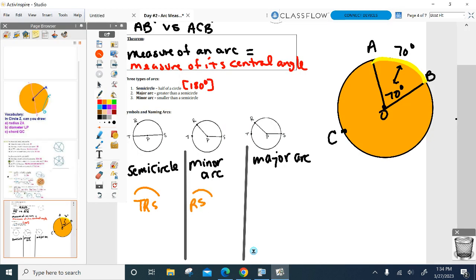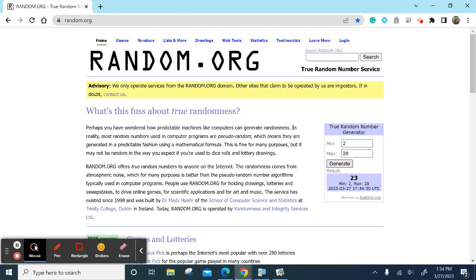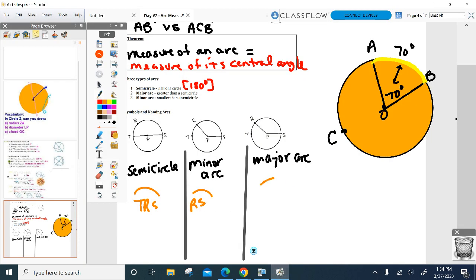RS. If you had SR, same thing. If anybody had TR or RT, I like it too. How about major arc then? RTS, like it a lot. Or STR. Cool. Good.